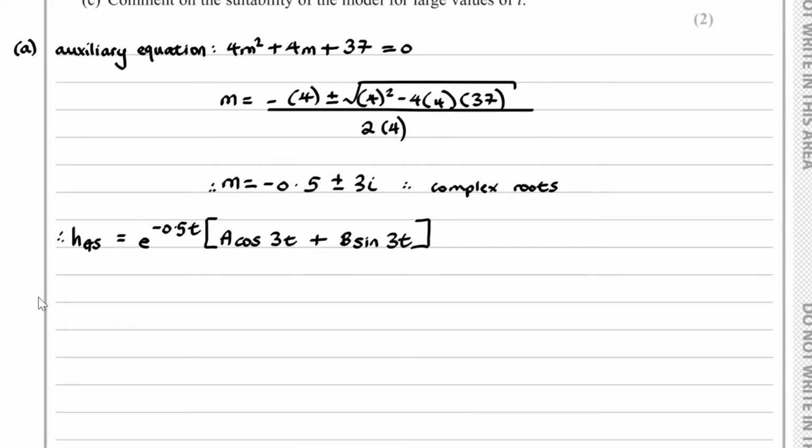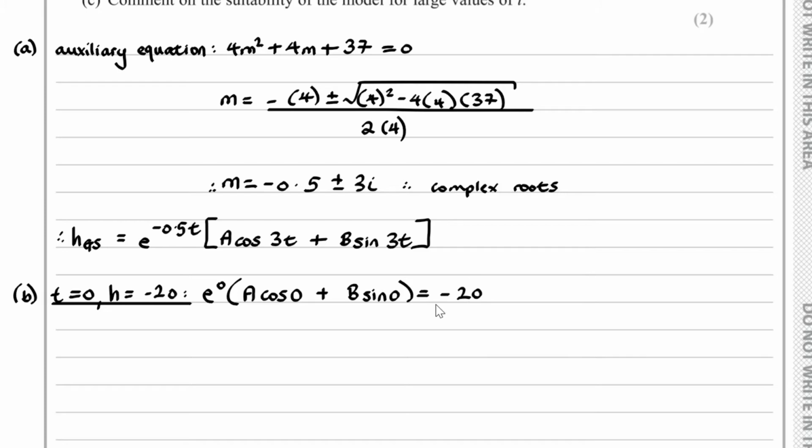So, for part B, when t equals 0, h is equal to minus 20, and we can use this to find out the value of a. So we have e to the 0 lots of a times the cosine of 0 plus b times the sine of 0 equaling negative 20.